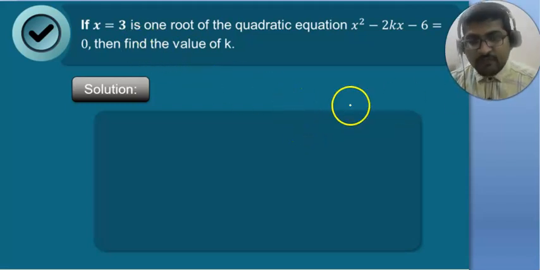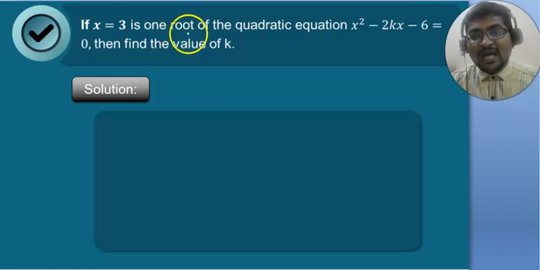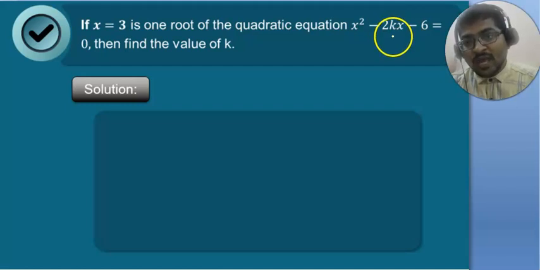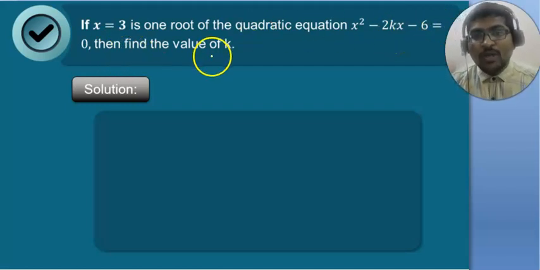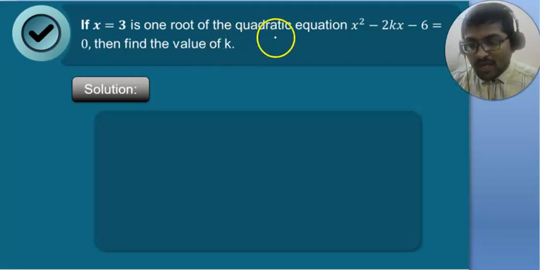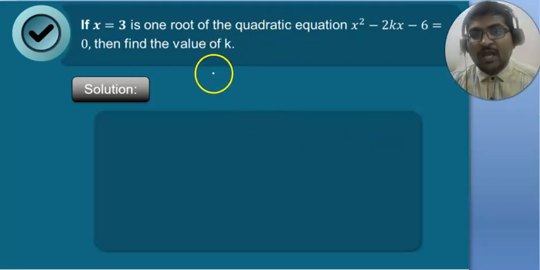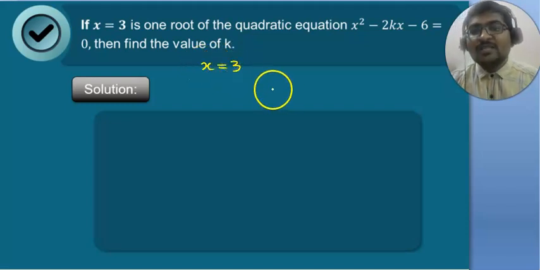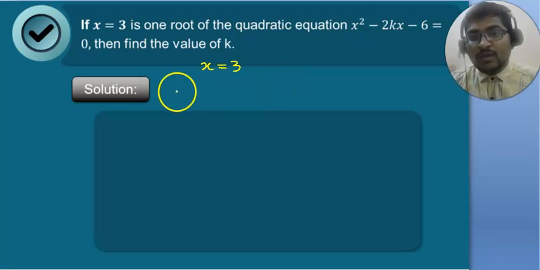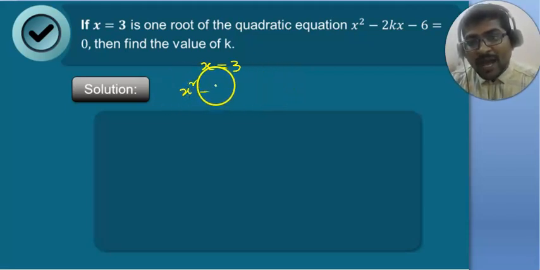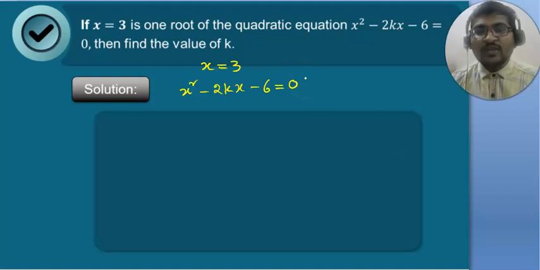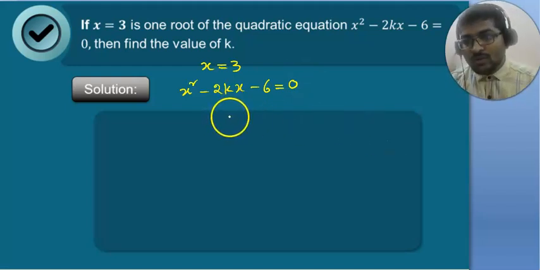If x equal to 3 is one root of the quadratic equation x square minus 2kx minus 6 equal to 0, then find the value of k. So in this numerical question, x equal to 3 is given as one root. So in this quadratic equation, substitute x equal to 3 instead of x.